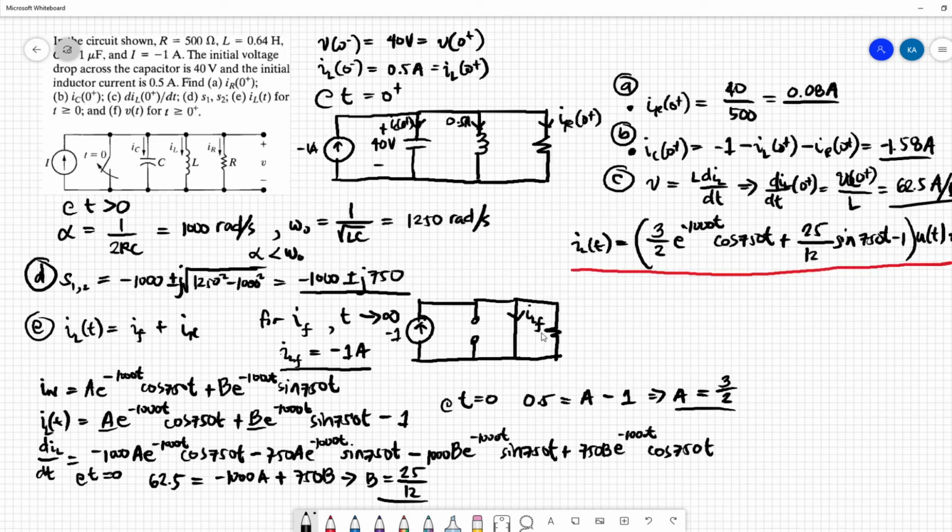Now for letter F, solve for V of t. V of t can be expressed in terms of the voltage across the inductor, L dIL/dt.